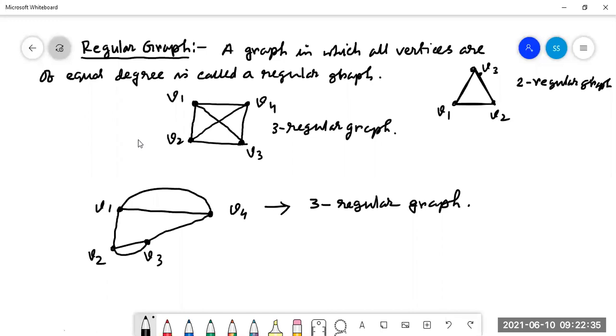So do you understand what the regular graph is? Degree of all vertices should be the same. It may be 2, 3, 4, 5, maybe n. If it is n, then we can say that it is an n regular graph. So degree of all vertices should be the same. Then the graph will be called a regular graph. Is it clear?